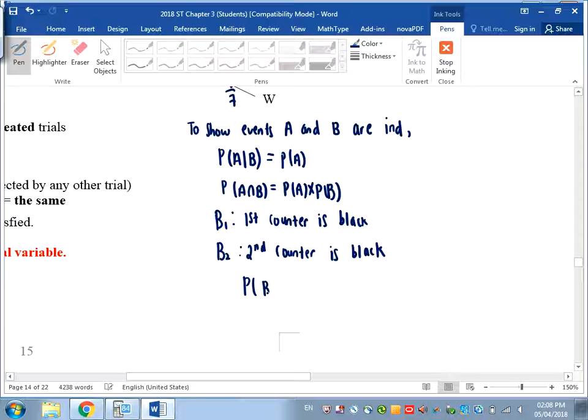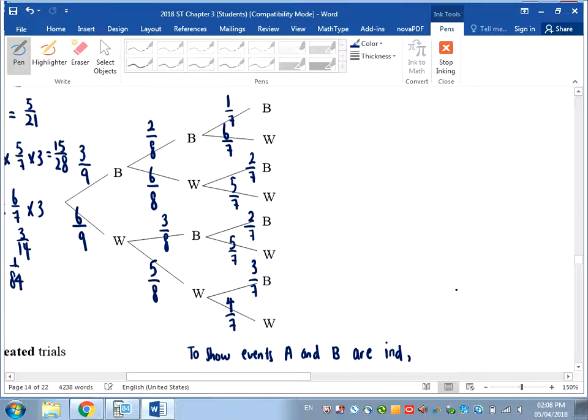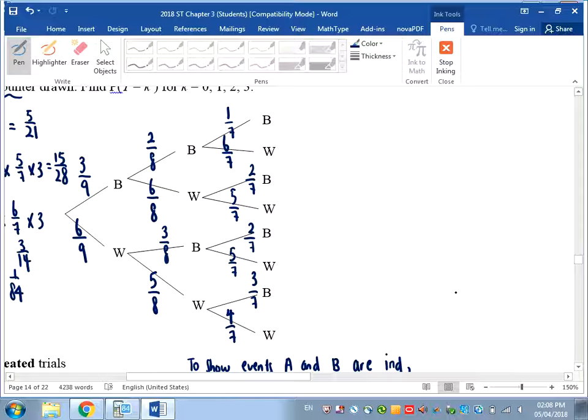Let's try to find what is the probability of B2 given B1. The chance that my second counter is black given that my first counter is black. Are we able to see this value straight away from the tree diagram? What is the probability that the second counter is black given that the first counter is black? It will just be 2 over 8. That is the value.